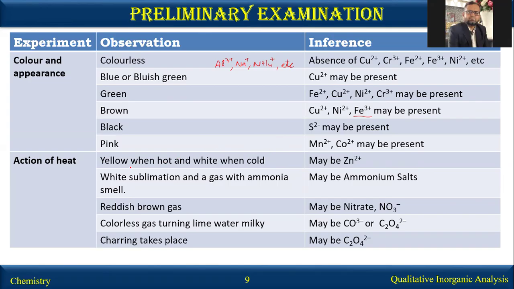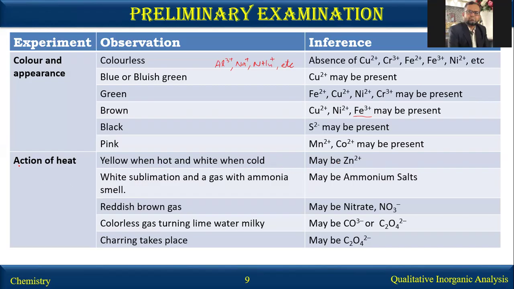Action of heat. And some more preliminary examinations are carried out that I will discuss. Action of heat. If yellow when hot and white when cold, then it could be a compound containing zinc ion.